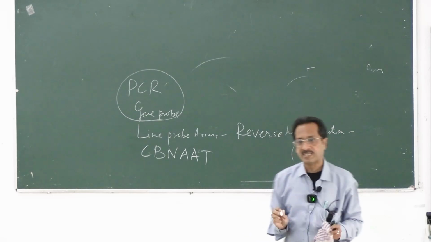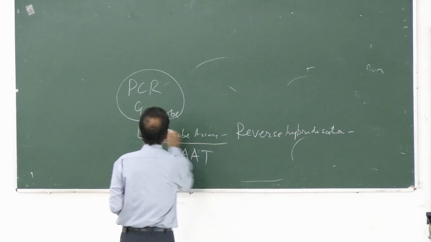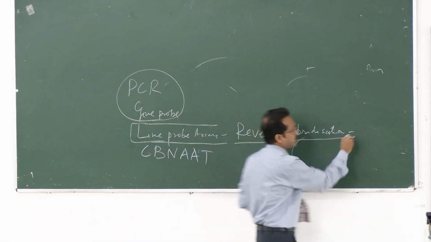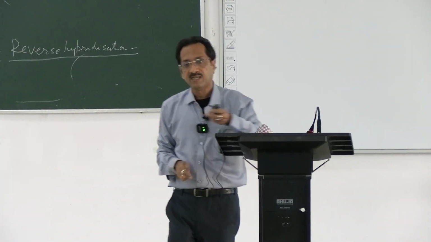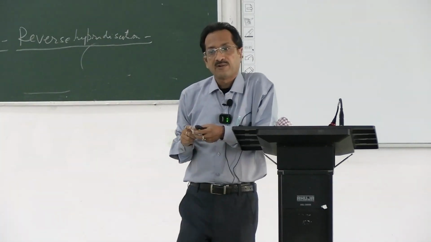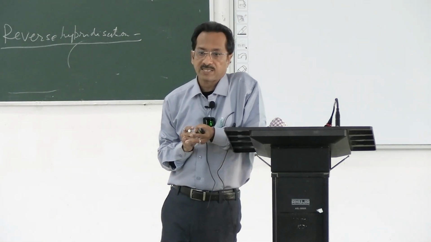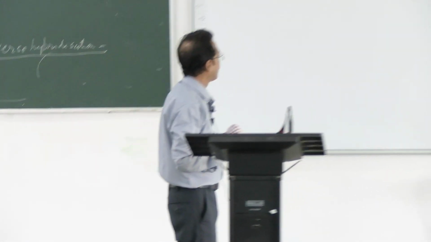So line probe assay is the molecular test for drug sensitivity, and the DNA probe reverse hybridization principle is used for testing all first line and second line drugs.